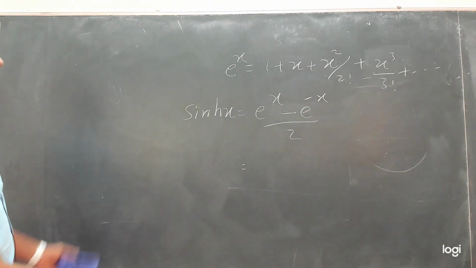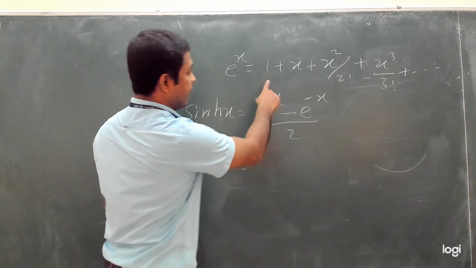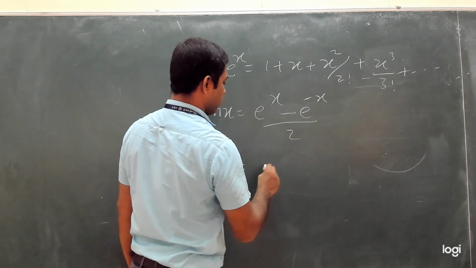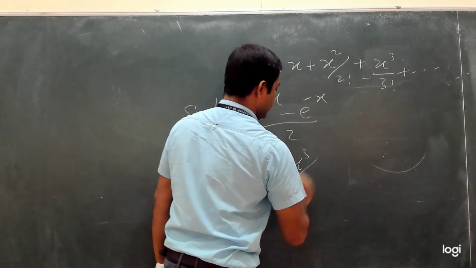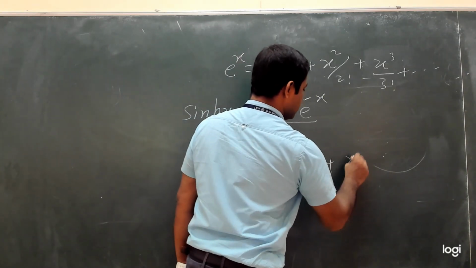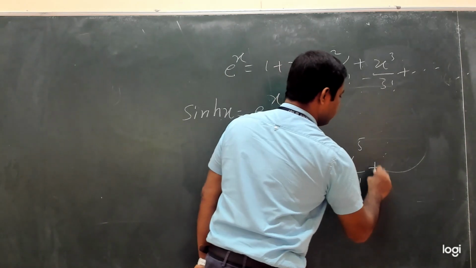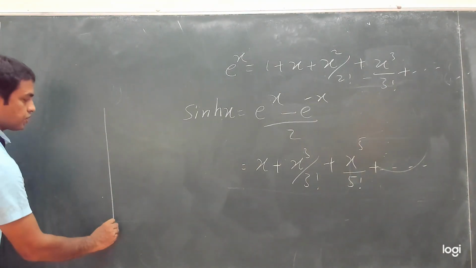If you subtract them and divide by 2, you get the odd terms: x plus x cube by 3 factorial plus x raised to 5 by 5 factorial plus etc. Now let us plot this.